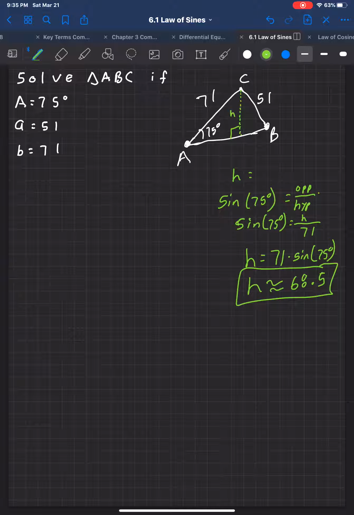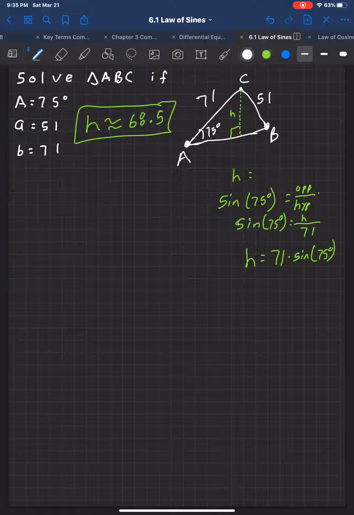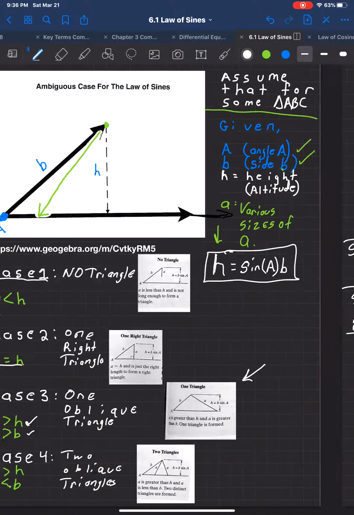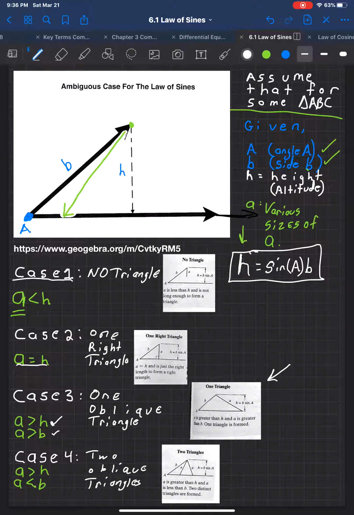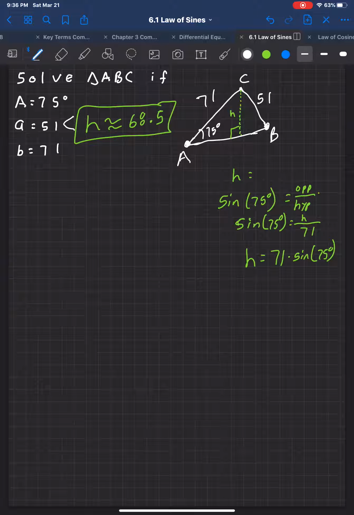Let's compare that to A. All right, so in this case, H is larger than A. 68.5 is larger than 51. So what does that mean? If H is larger than A, you don't have a triangle. Right? This is no triangle.